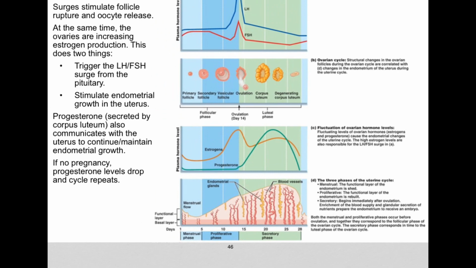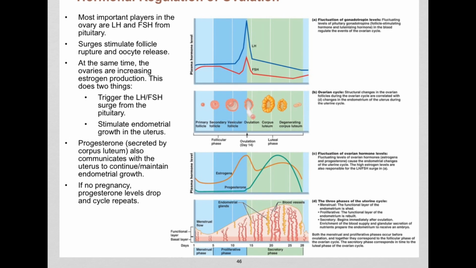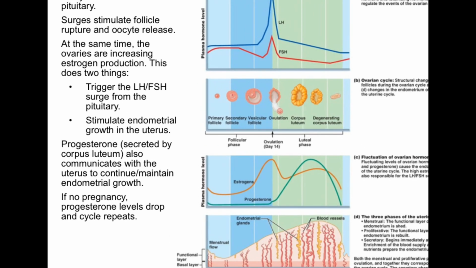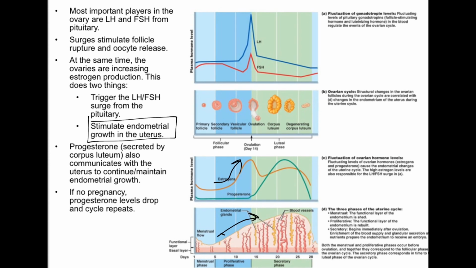The hormone that keeps all of this in sync is estrogen. And estrogen does two things. Estrogen produced by your ovary stimulates growth of the endometrium, and so you see this endometrial growth rising the same time that estrogen levels are rising. And at the same time, when estrogen levels peak, it also stimulates the release of LH and FSH, luteinizing hormone and follicle-stimulating hormone from the pituitary, which we talked about back in the endocrine system.